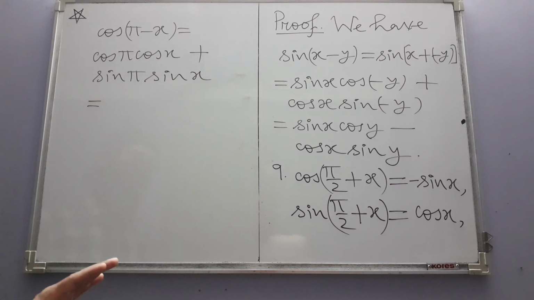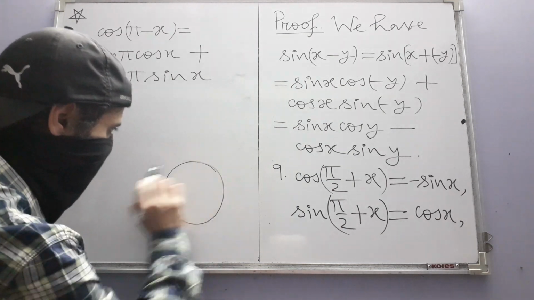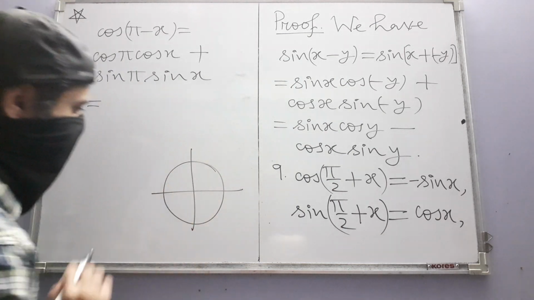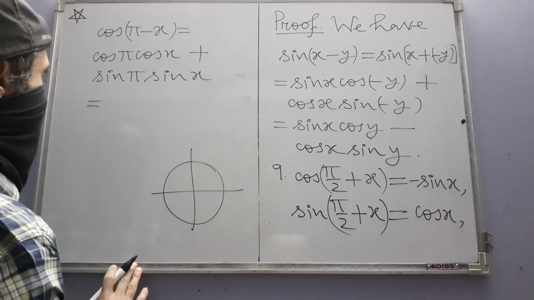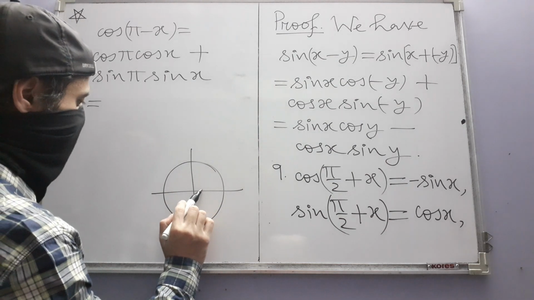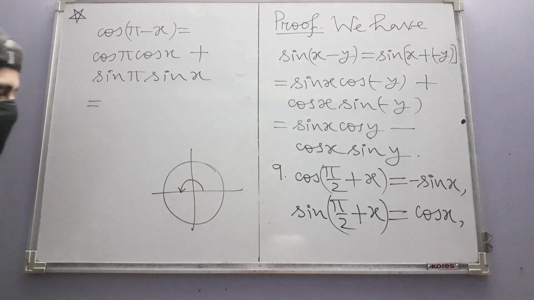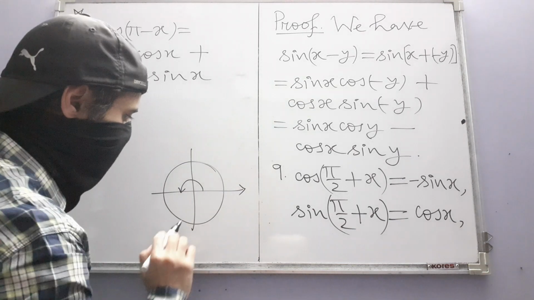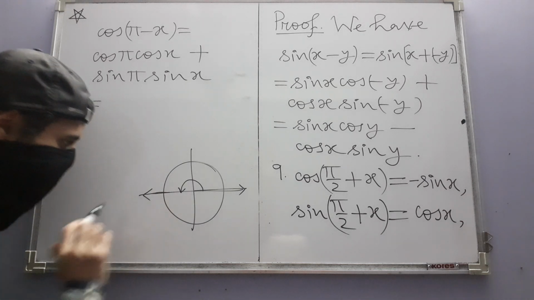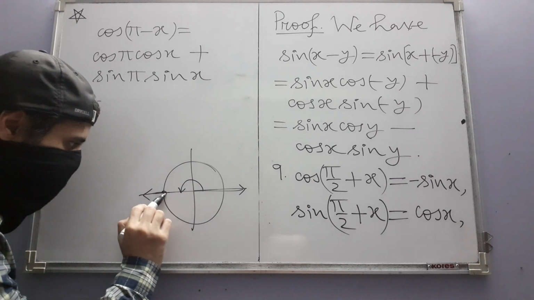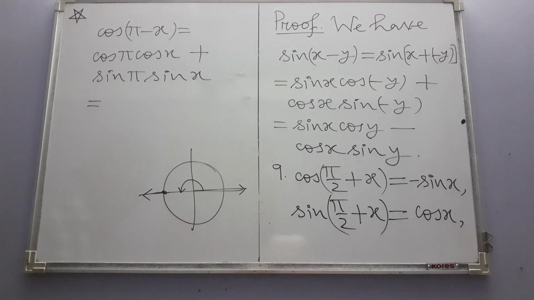And you may actually have some difficulty in remembering these values also. That's not a problem. You go back to your unit circle. For these special angles, it's really easy to figure out what it will be. What is the angle pi? This angle. So your initial ray, of course, is this in standard position, but now the final ray is this. That means this is the point where the final ray intersects the unit circle.